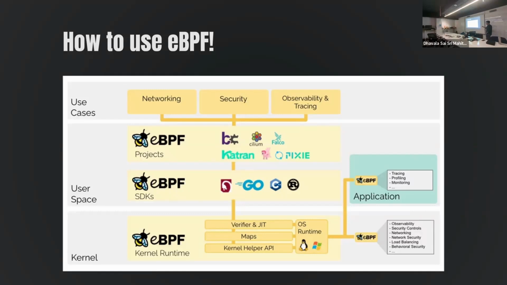The same way I wrote Python code, we could write C, Go, or Rust, or anything, and do the whole eBPF magic. And we have an eBPF kernel runtime which manages the whole thing. This is the verifier which I was talking about, the JIT compiler, and the BPF map, which has all the networking mappings. So this is how we can use eBPF.